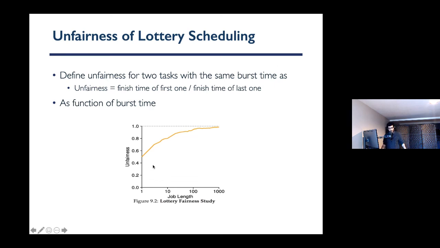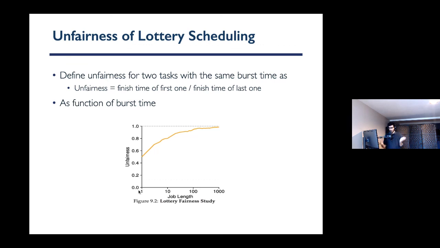Now, this figure is showing you this unfairness metric on the y-axis, and on the x-axis, it changes this. We said that these two have the same CPU burst time, so it changes the length of this burst. So starting from here, both of them have length 1, right?